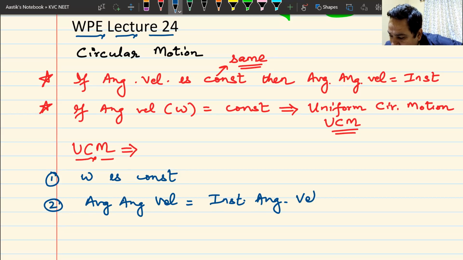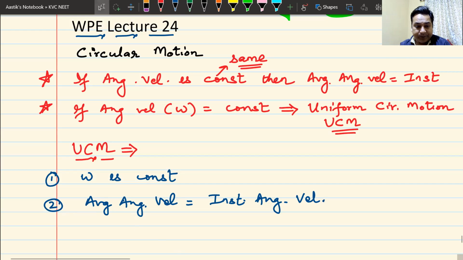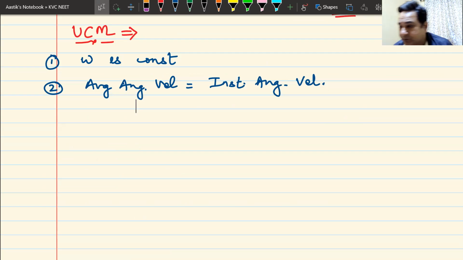And here I am only talking about the magnitudes, because average angular velocity is not a vector. So two things are pretty clear here, that your omega is constant, angular velocity is constant, and your average values and instantaneous values would remain same.